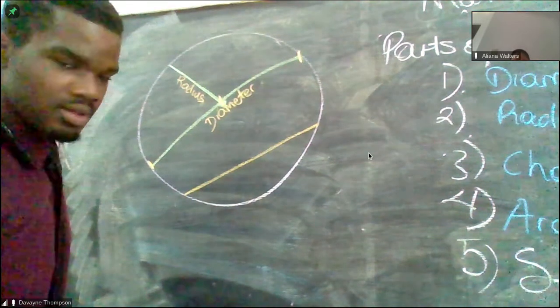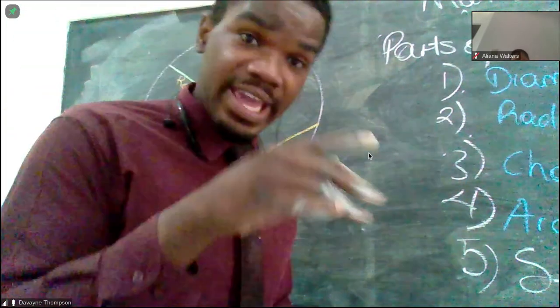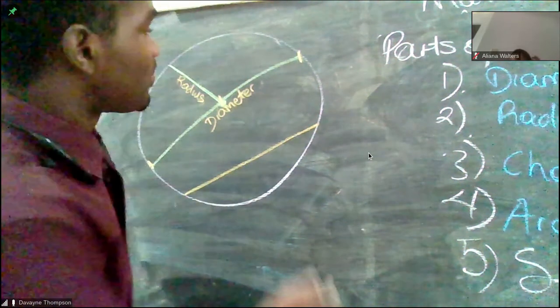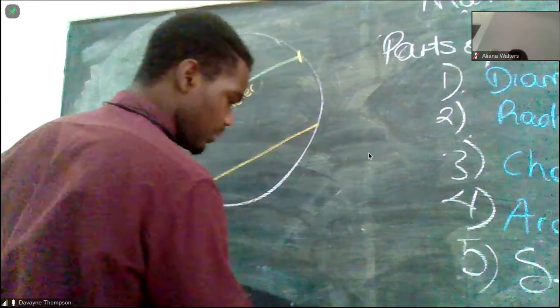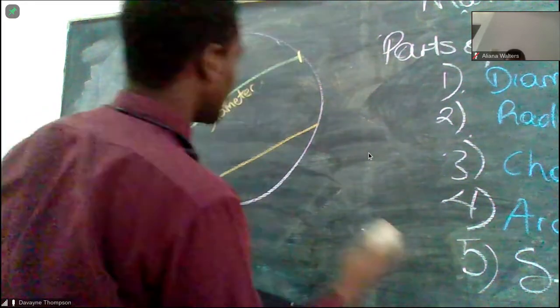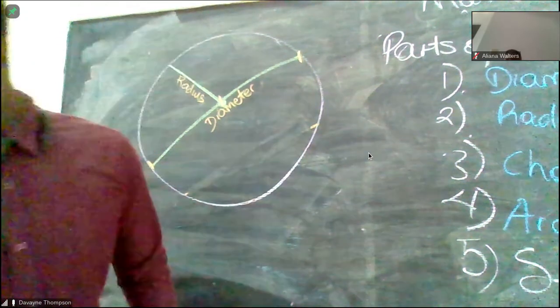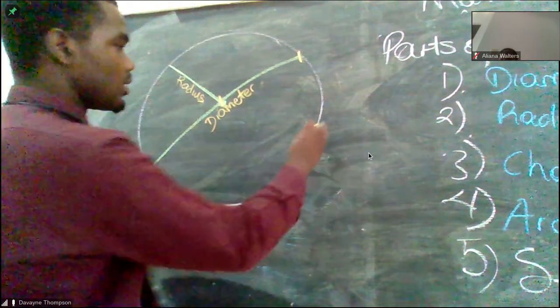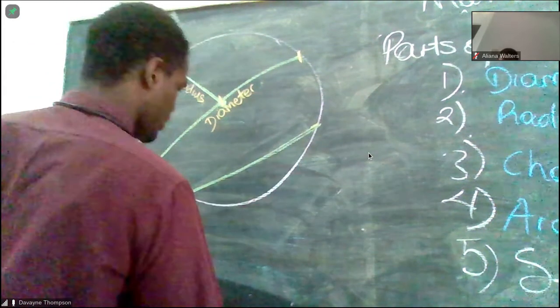Yes, sir. So a chord is a line in the circle that does not pass through the center point. So we're going to put chord here. But as you can see, I use the wrong color. Let me use green. Here we go. I'm going to put chord.